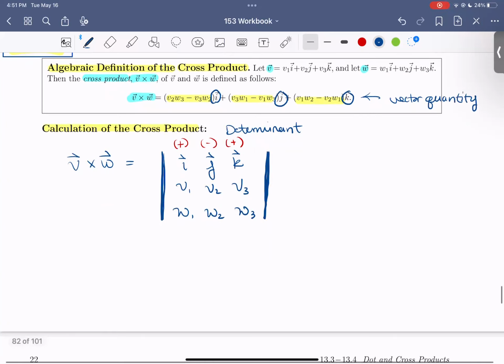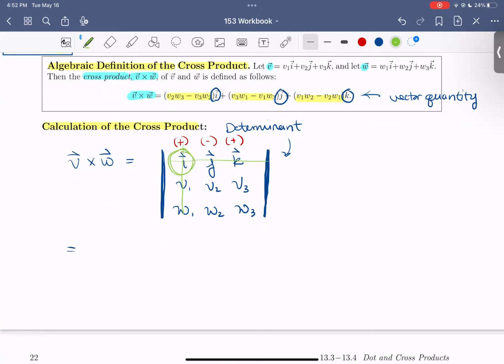Let's compute this determinant. Here is the approach. We start with the first row and column and we cross them out. The object in that first row and column, i, goes first. So this is the i component we're using, and this i has a plus attached to it, so we'll just have plus i. Now we're going to make the following computation with what remains.